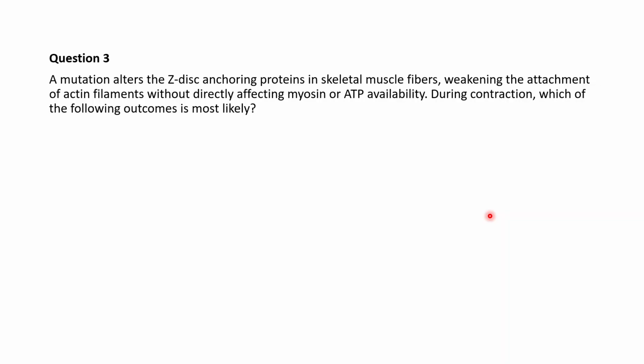Okay. So imagine that there is a mutation that alters the Z disc anchoring proteins in the skeletal muscle fibers. And this is causing weakening of the attachment of actin filaments without directly affecting myosin or ATP availability. So during contraction of the skeletal muscle, which of the following outcomes is the most likely?